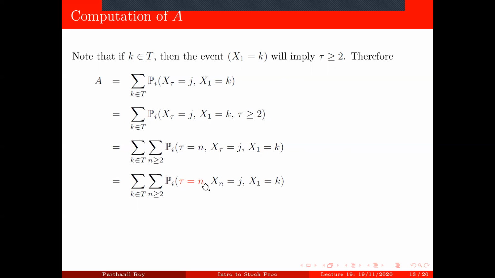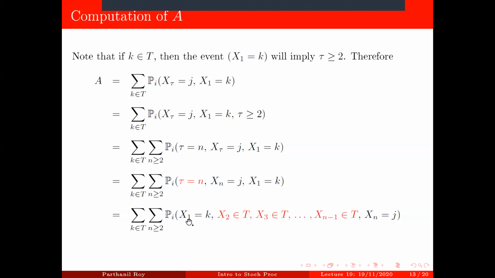Now, tau equals n means the first time the Markov chain exits T is in the nth step. That means before the nth step, the Markov chain has not exited T. Of course, the first step it hasn't, because it's coming from a transient state, but we will still write it.